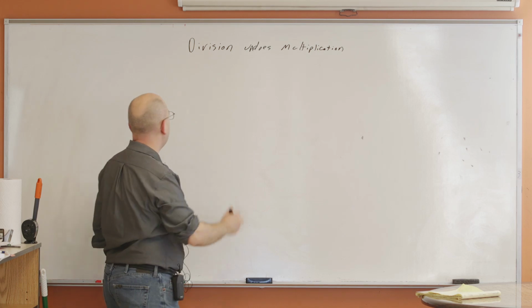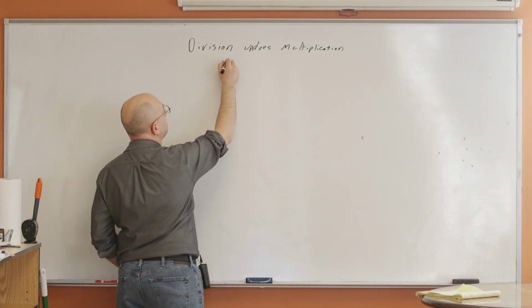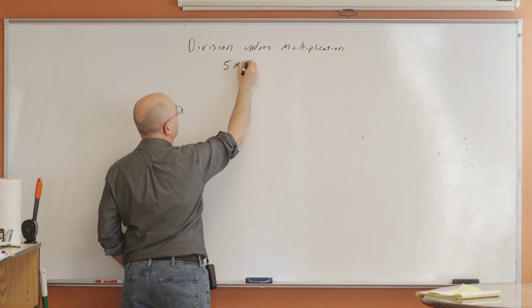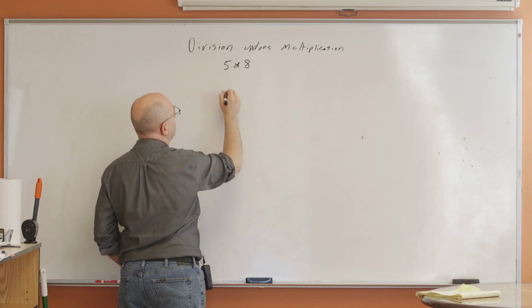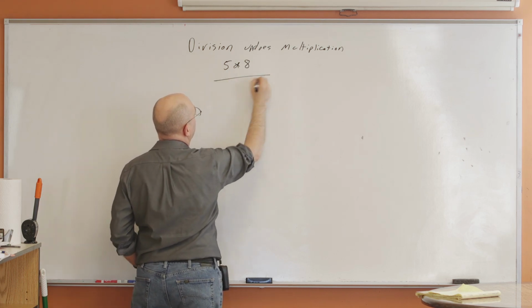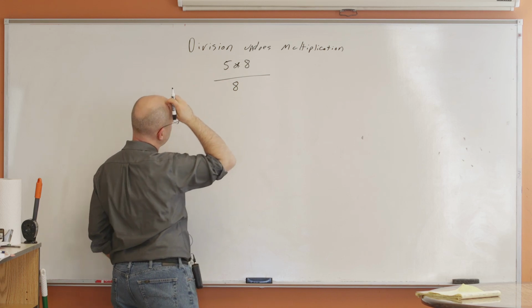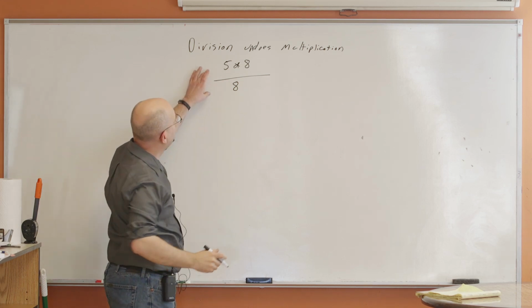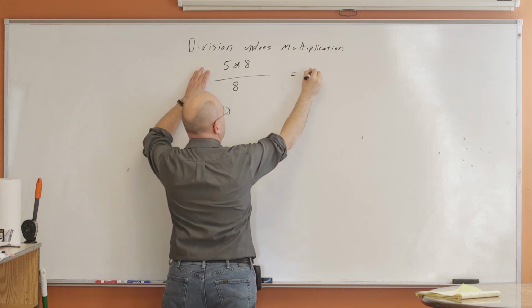All right, so if I took 5 times 8, and then I divide it by 8, then that would be 5.